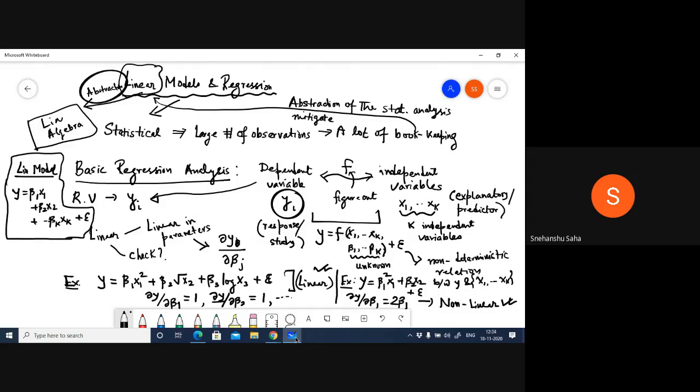This is how a linear model is represented. This k depends on the number of data points that we have.